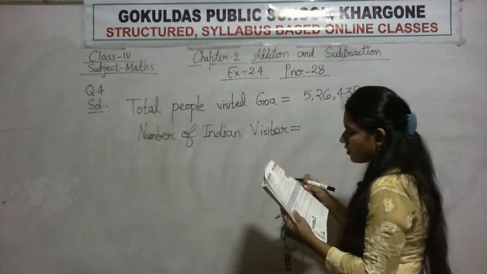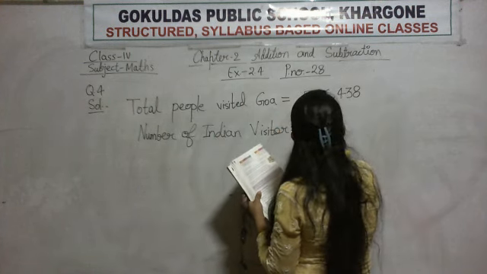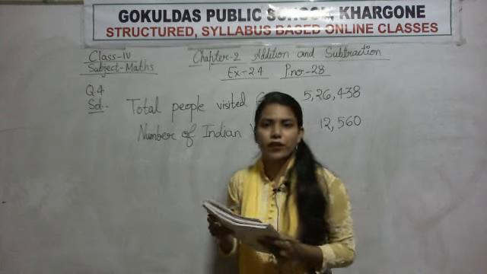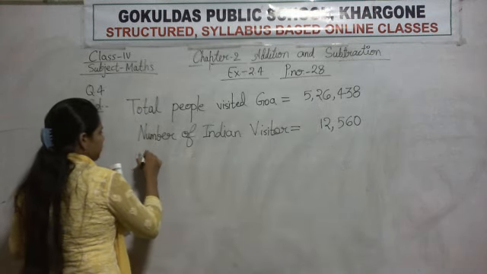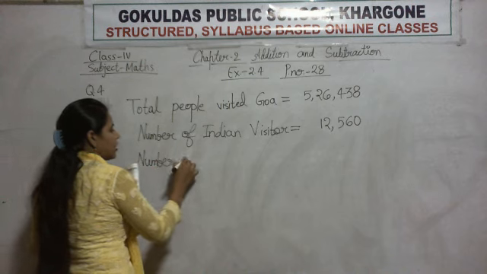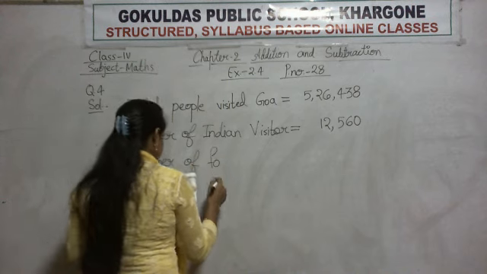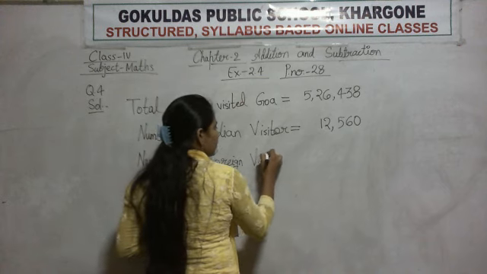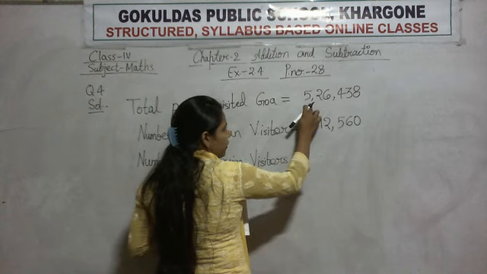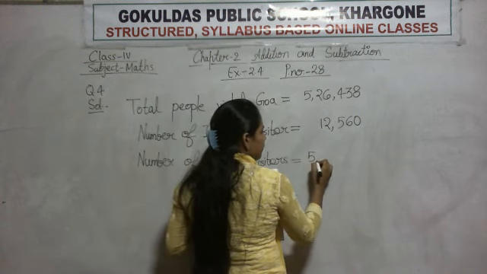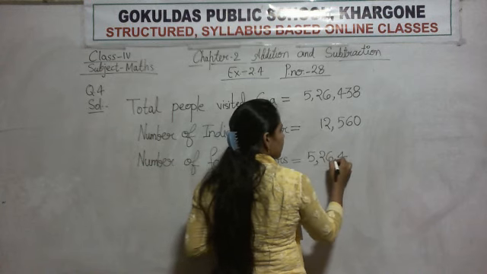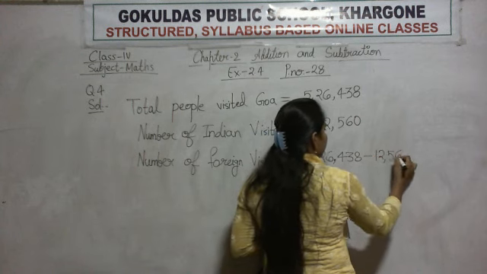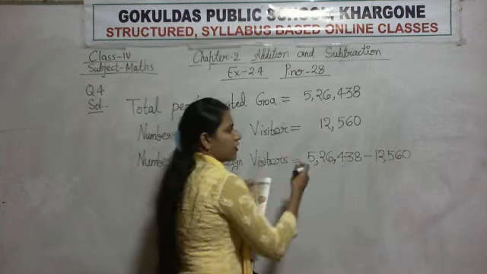Number of Indian visitors equals 12,560, and you want to find out the number of foreign visitors. So how will you get your answer? Number of foreign visitors equals this large number minus 12,560. So you cannot directly write the answer.